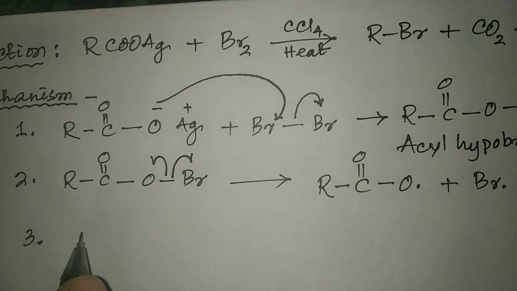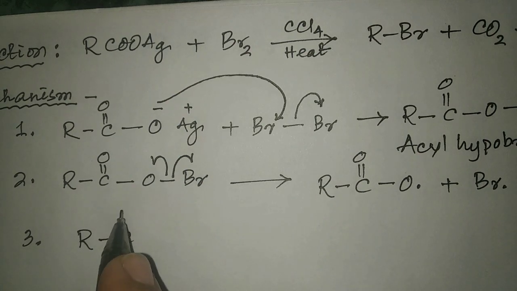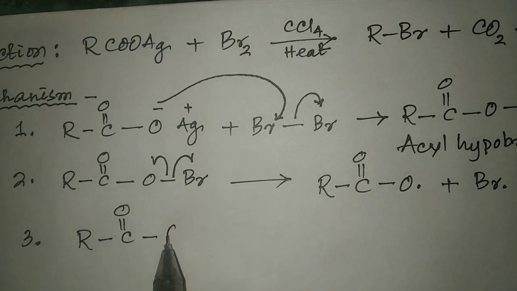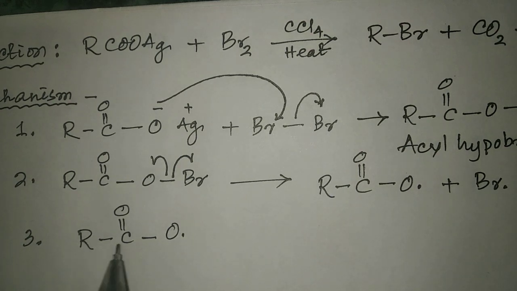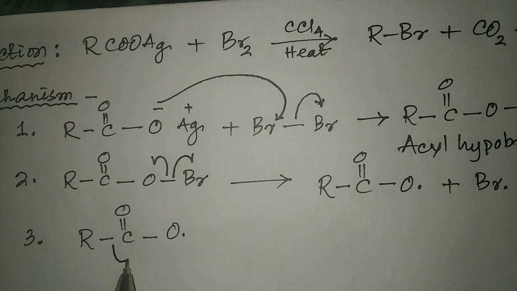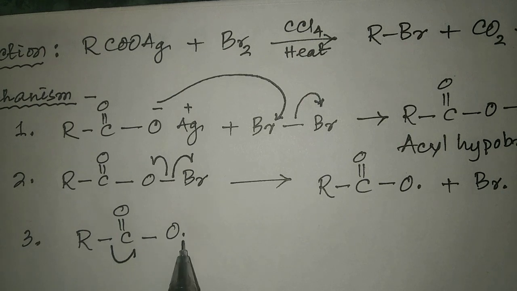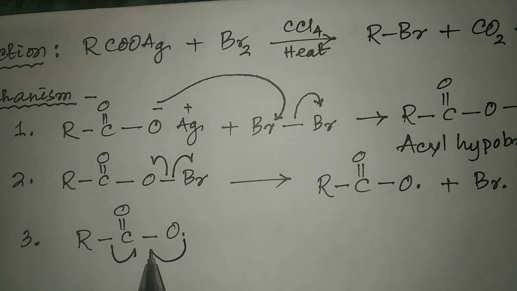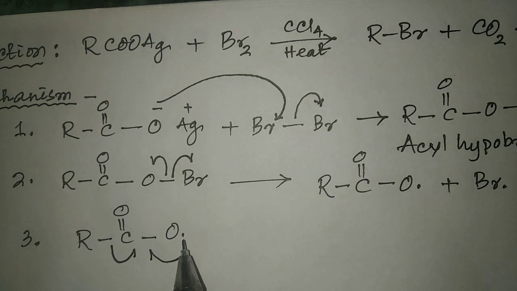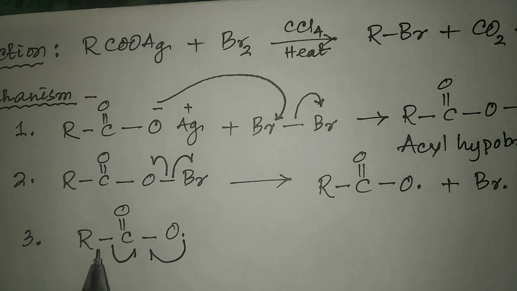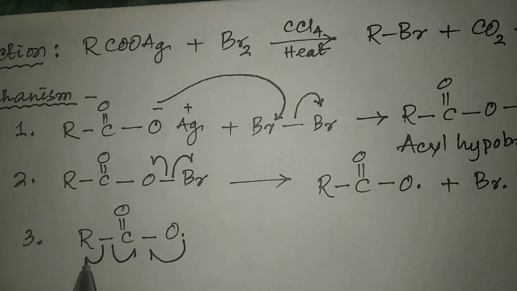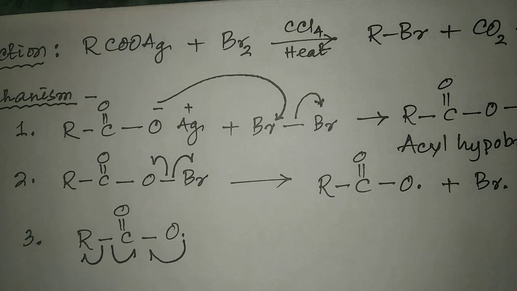This acyloxy free radical undergoes homolysis at this carbon-carbon bond. One electron will lie over this carbon, and this carbon will use this electron with the unpaired electron of the oxygen to form a pi bond, and the alkyl group will contain one electron.